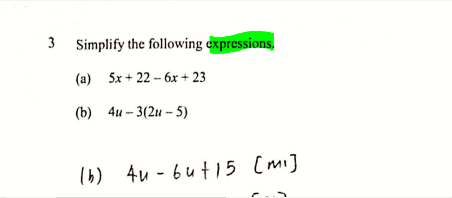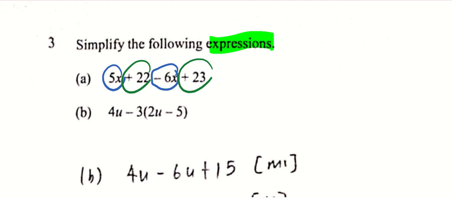Now, we want to simplify, okay? So that means this thing is too long. We want to make it shorter, simplify a bit, make it simple. So you realize that there are x terms over here as well as constant terms here. If you don't remember what is meant by constant, please revise your algebra.